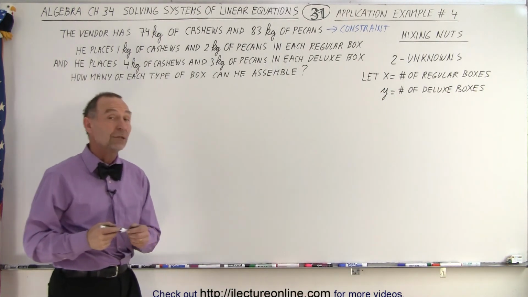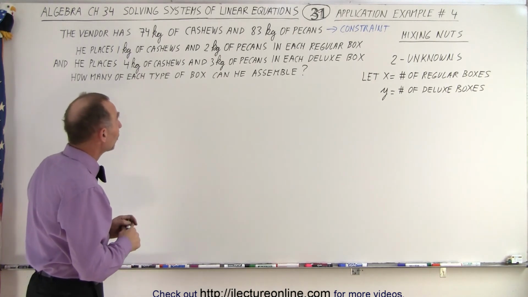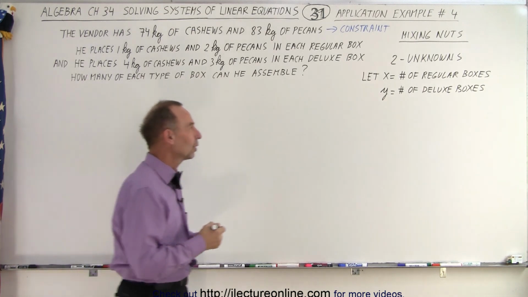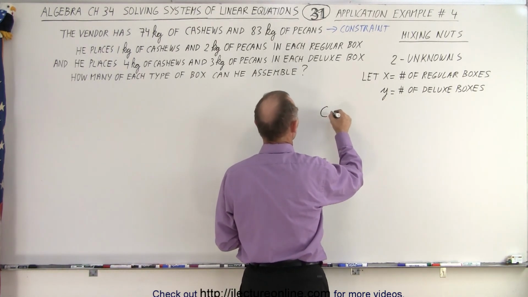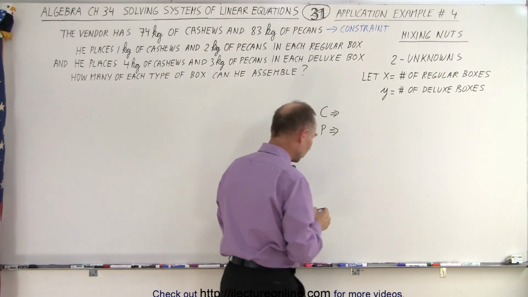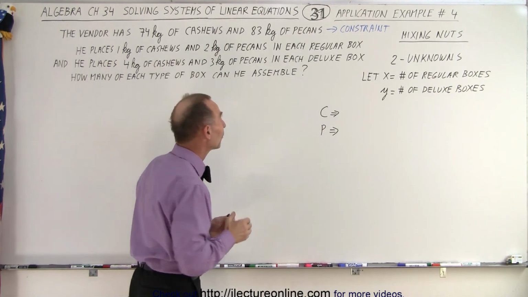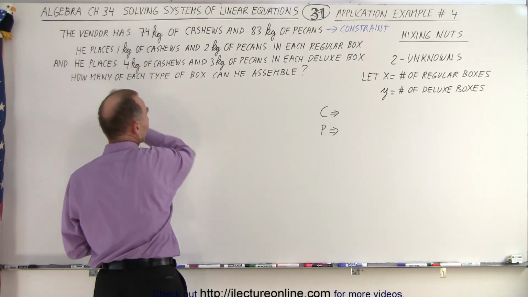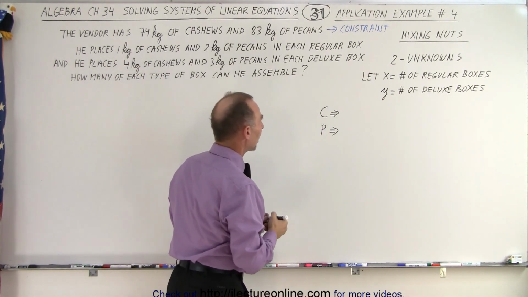Okay, now we need two equations. So we have cashews and pecans. That will give us the two equations. So cashews will give us one equation and pecans will give us another equation. So how many kilograms of cashews are there in the regular box? 1 kilogram per box, and there's x number of regular boxes.